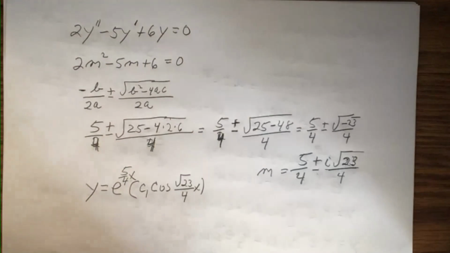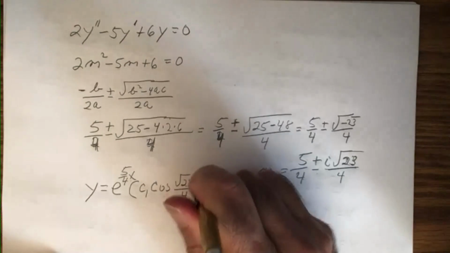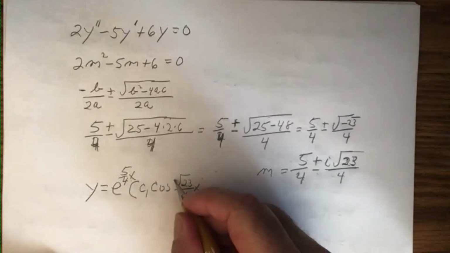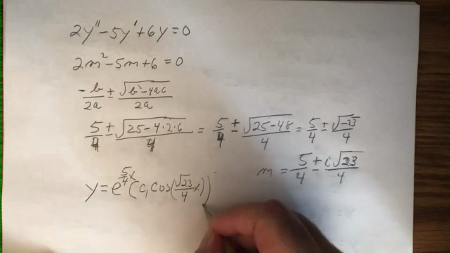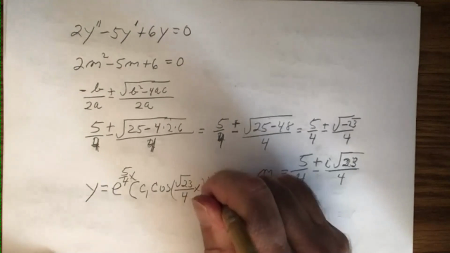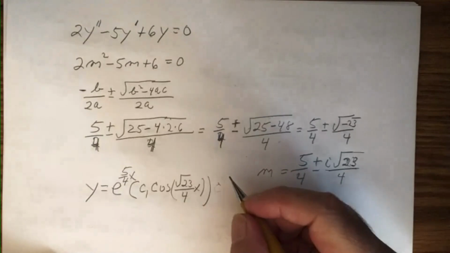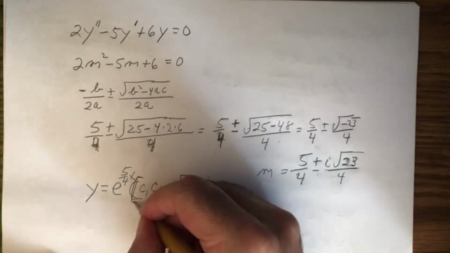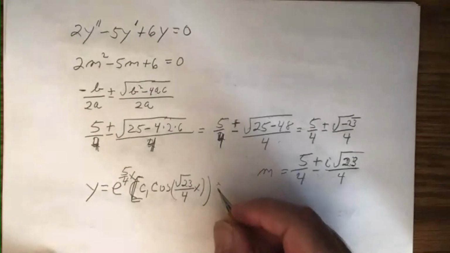I'm writing it times x, this is the argument. And then this would be plus C2. I'm writing it where the exponential is times both of them.